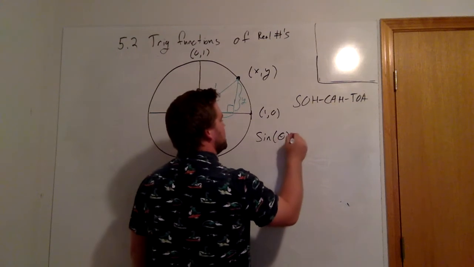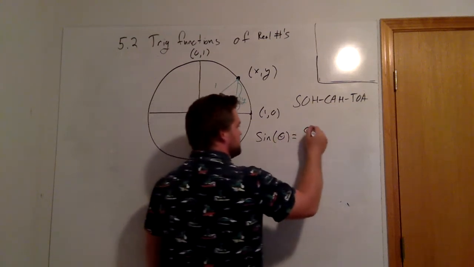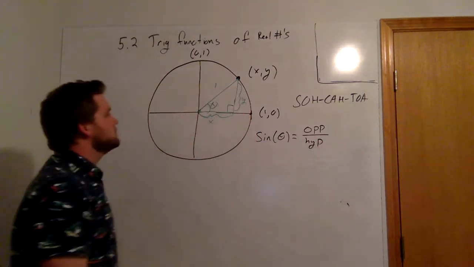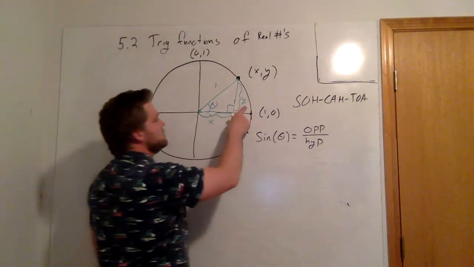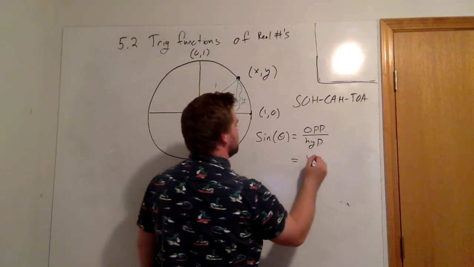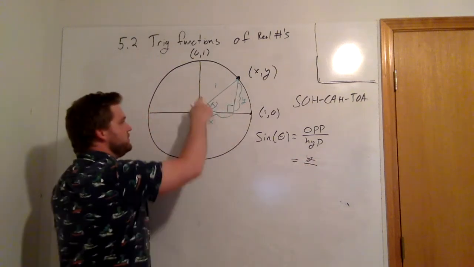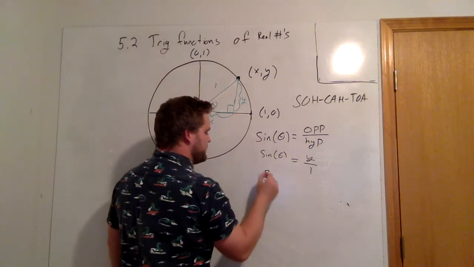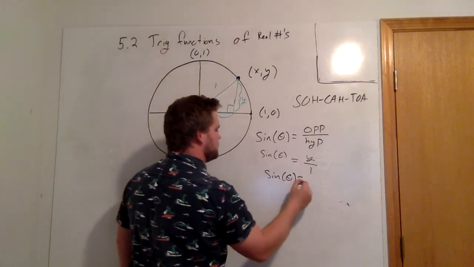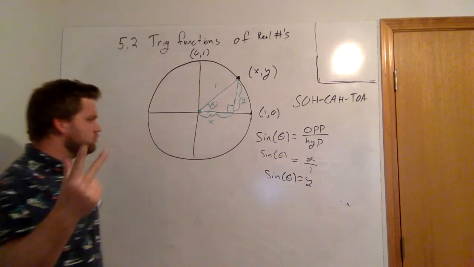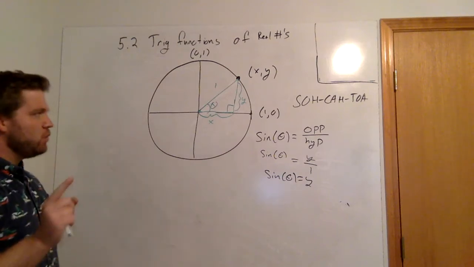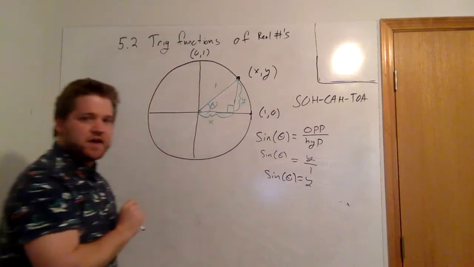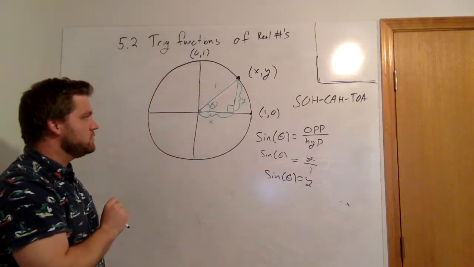Sine of theta is opposite over hypotenuse. Our opposite side is y, and the hypotenuse is 1. So sine of theta is equal to y. That means that when we're on the unit circle, we can always think of the y-coordinate as being the sine of that angle.